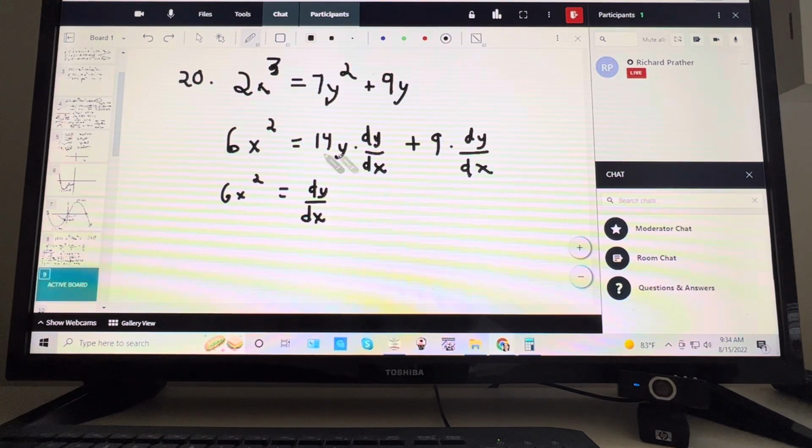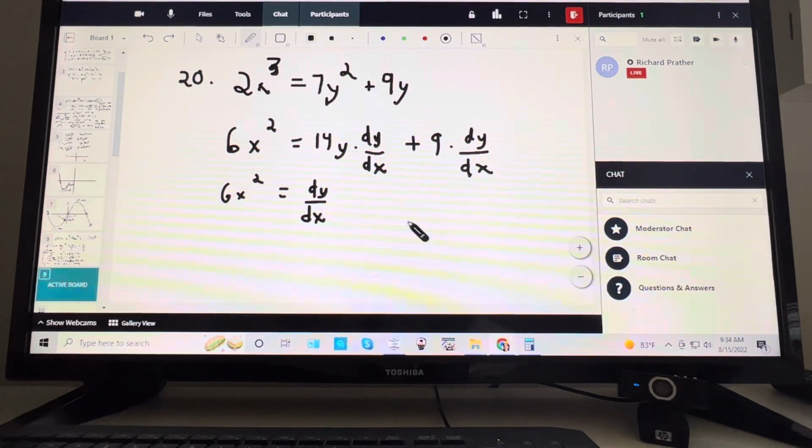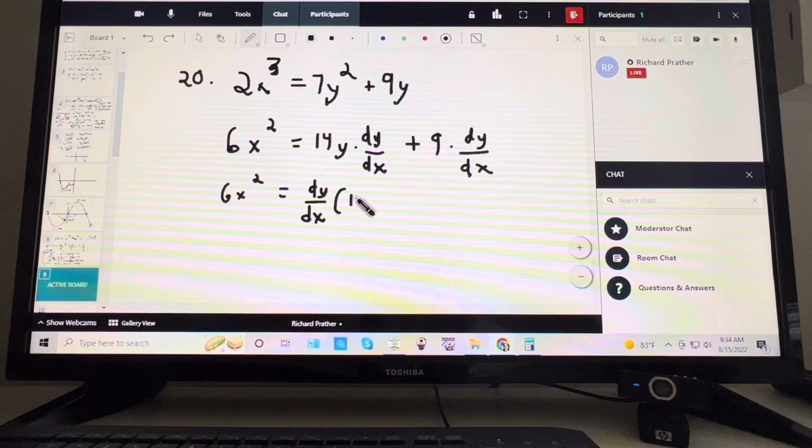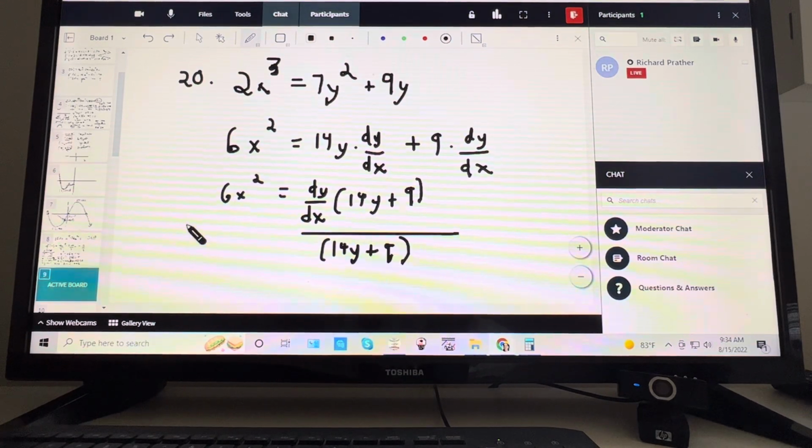Sometimes you have to move terms across the equal sign to get all the dy over dx's on one side and all the non-ones on the other side. But here we got lucky that all the terms with dy over dx were on the same side of the equation. Divide by everything but the dy over dx. And you usually get a fraction that can be messy and complicated, but we don't really care.